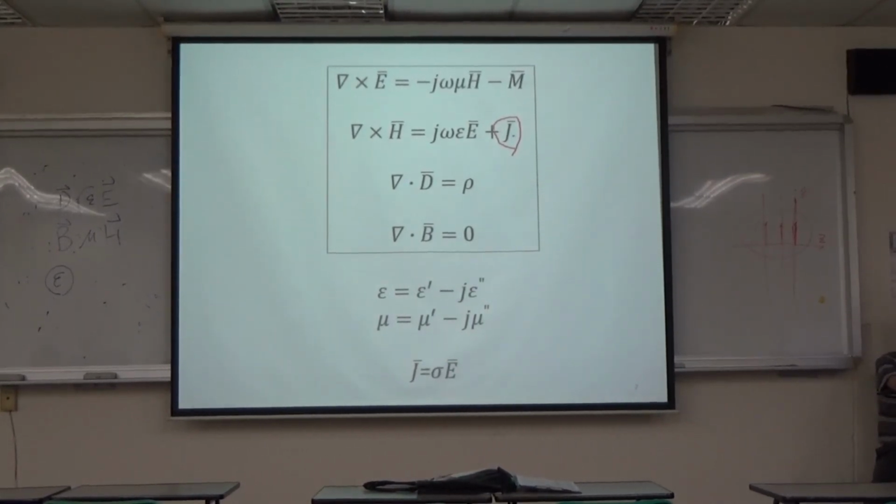For J, you can simplify the equation to J equals conductivity multiplied by E. If your conductivity is very low, like 0, you don't have J, and you will have the same result as what we discussed. But if you have some conductivity, we call this sigma, then you will have J. This is one of the new things you need to know.